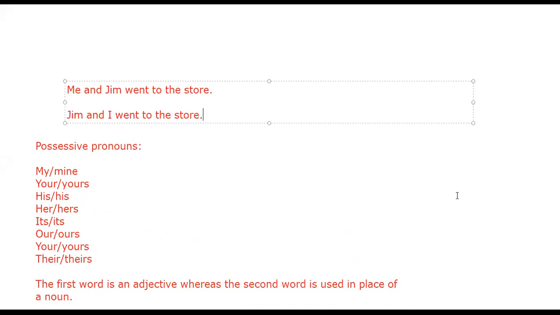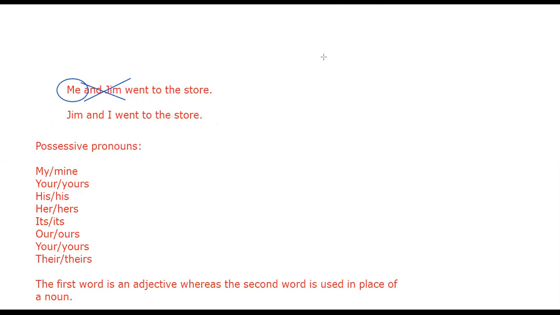let's say we have an example like this. This is not grammatically correct. It's just not. The second one is grammatically correct, but the first one is not. And I say this because if you take out and Jim and just leave me, well, does that make any sense? Me went to the store?